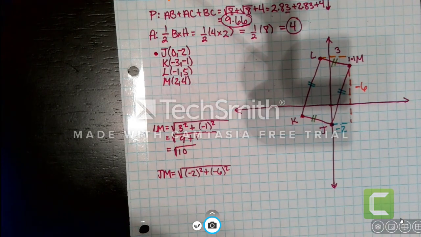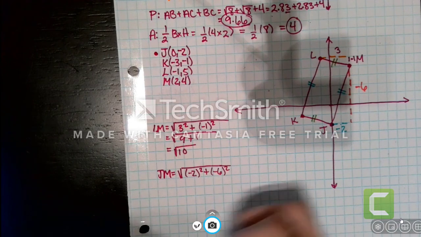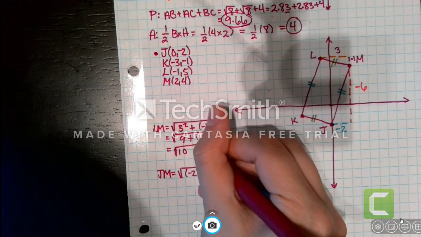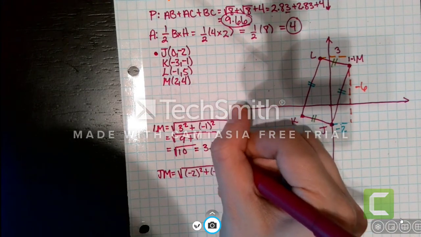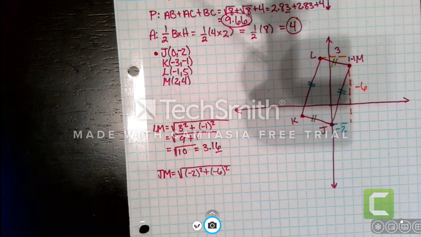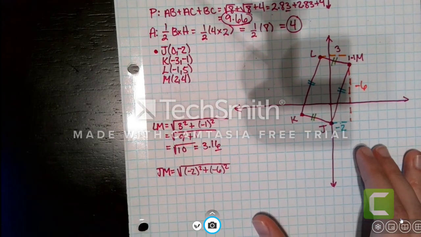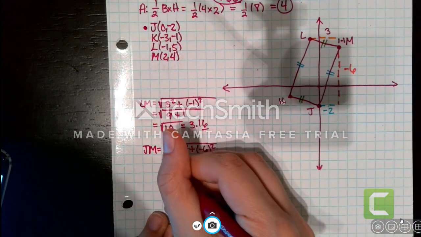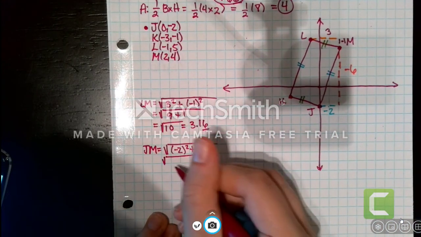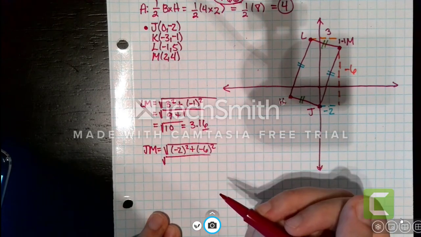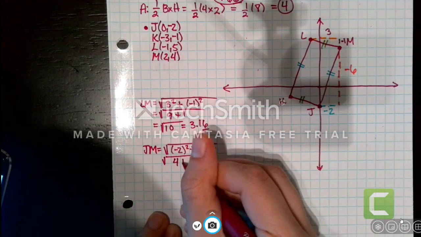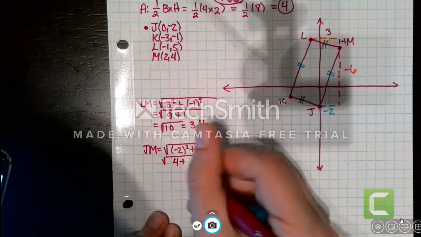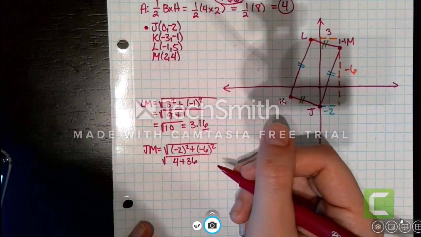So we have to find the square root of 10, which is about 3.16 when rounded to the 100th. Same thing goes for JM. For JM, when I solve for the exponents, I'll have -2 times -2 to get 4, and -6 times -6 to get 36.